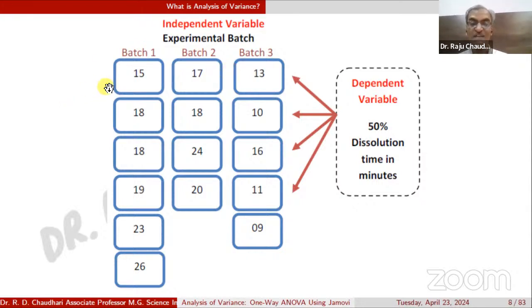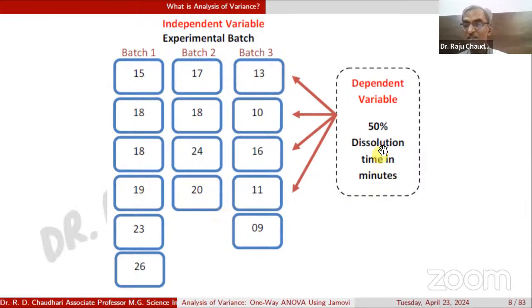So if you look at this, I have 1, 2, 3, up to 15, so I have 15 observations. I have to enter all the observations in a single column, because all these values are related to this label, 50% dissolution time in minutes. So all these 15 are the observations.